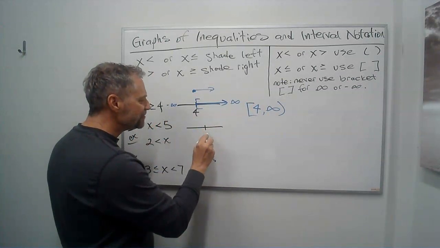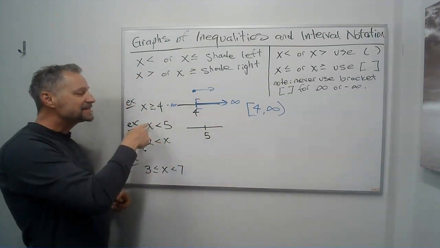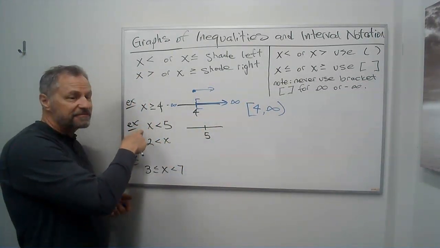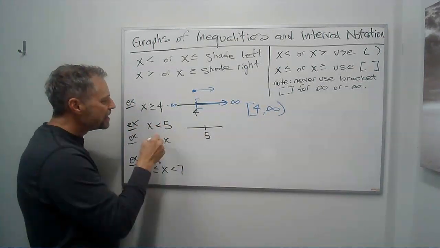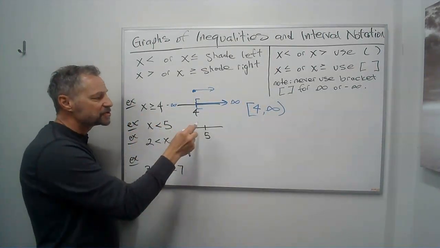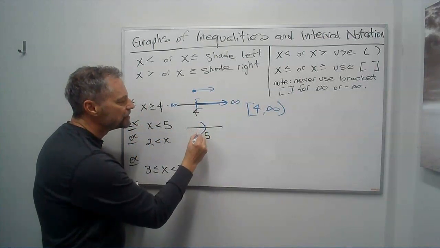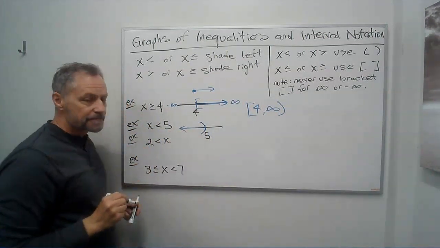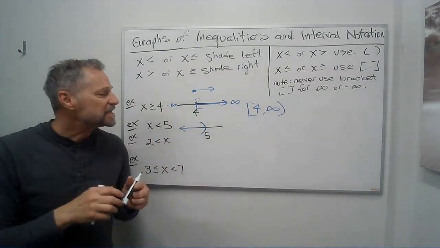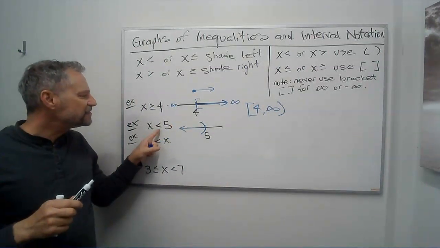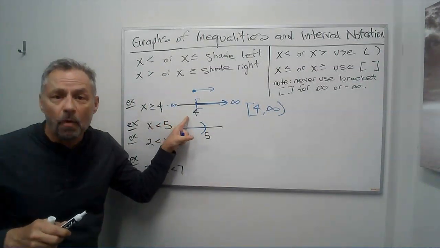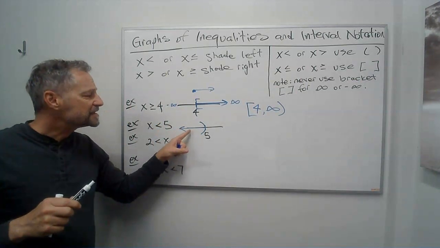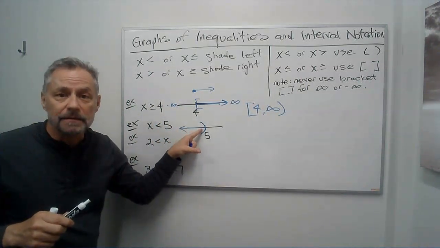Similar idea. Here's my 5. Less than means I go to the left, pointing that way. This time there's no equal sign, so I don't use a bracket. I use a parenthesis. Now, some students get confused and they say, well, isn't less than 5 the same as less than or equal to 4? No, because this includes like 4.99, 4.7.